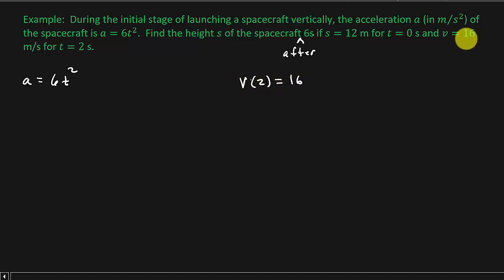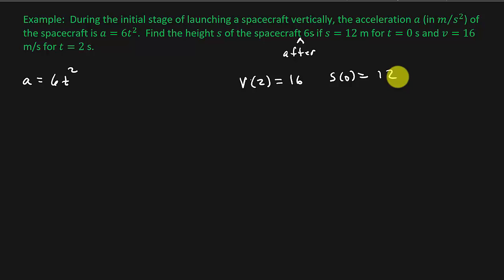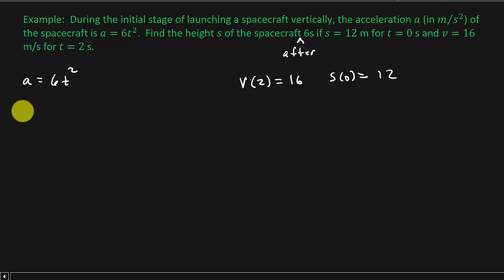Says the velocity is 16 meters per second at time t equals 2 seconds. So V of 2 is 16. And then this tells us that S of 0, right, at t equals 0, the height is 12 meters. So there's our conditions there. That's going to allow us to figure out what our constant is.